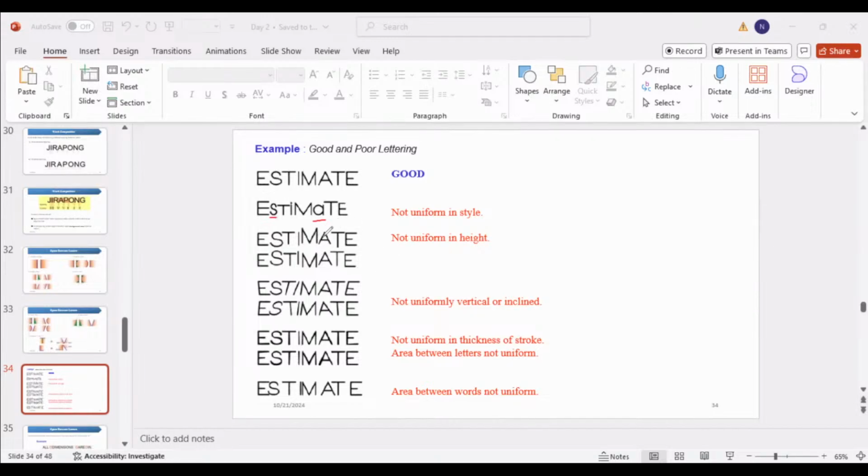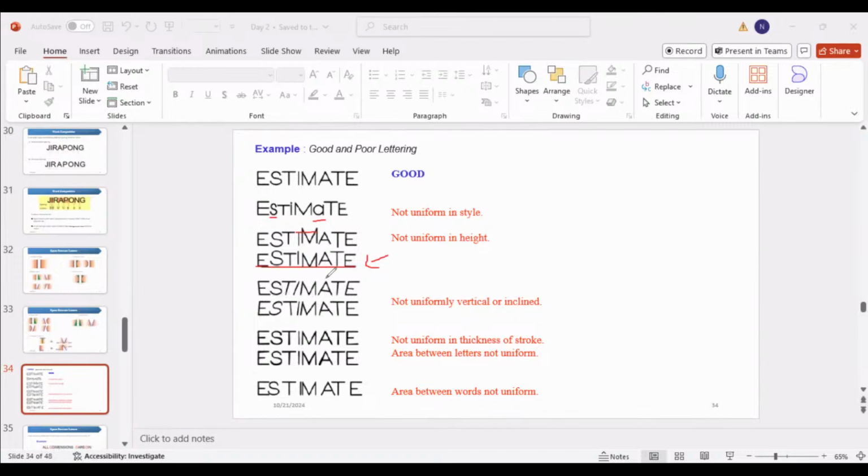M is larger than the other letters. Even in the next one, you can see that it is not uniform in height. It is not on the same line.